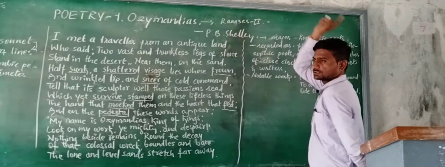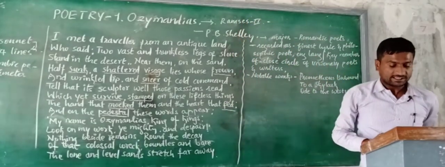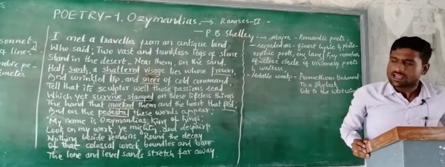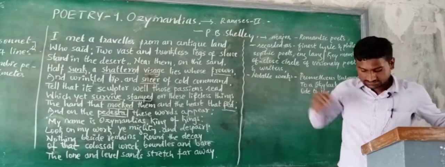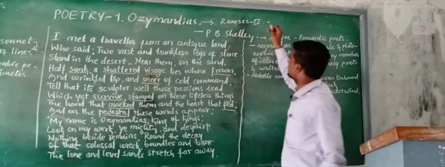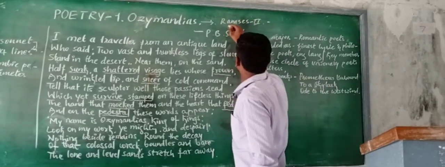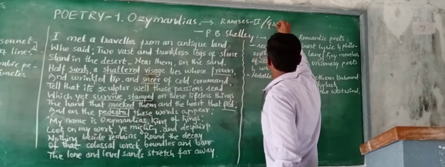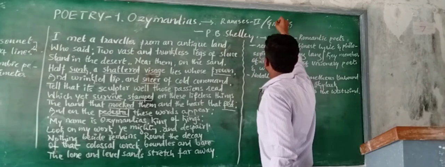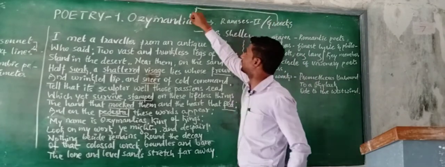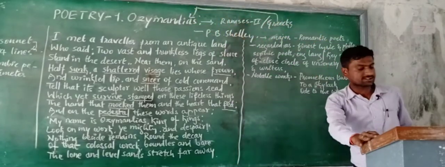He was the powerful king of ancient Egypt, and the Greeks called him Ozymandias because of his power.